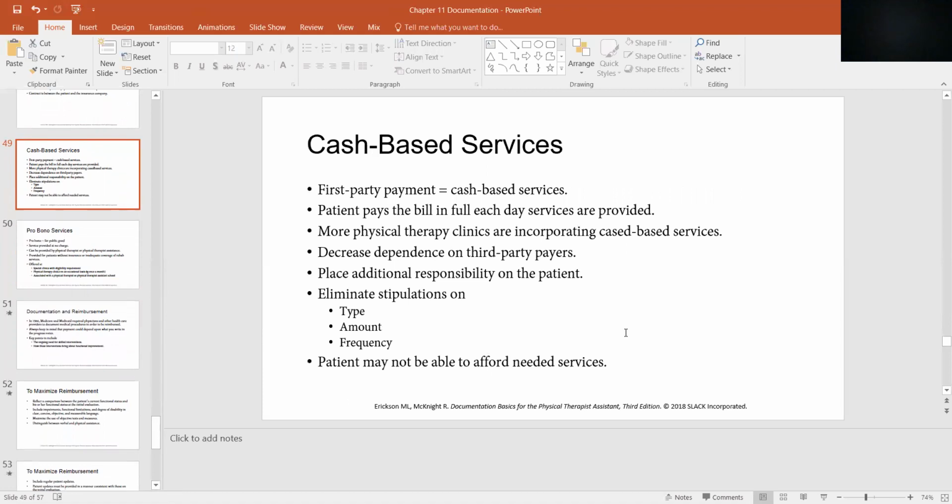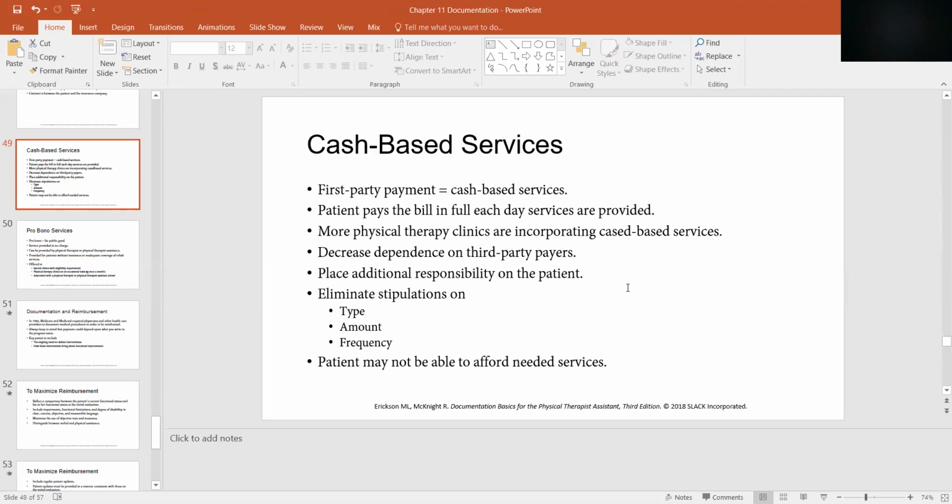And here on this next slide, you see cash-based services. This is something that's probably becoming a little bit more popular than what it used to be because of how convoluted the reimbursement process has become, with insurance companies not paying 100% for services that you do, having to go through all the paperwork and red tape to even get paid in the first place. So you just make a deal between you and the patient, and you get paid in cash for what you do.